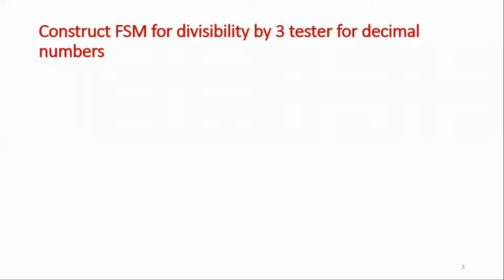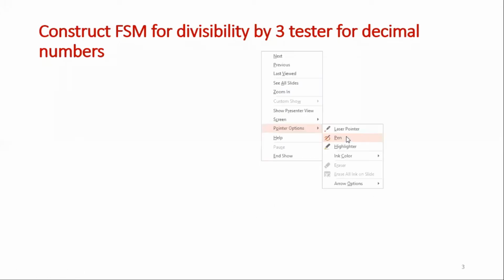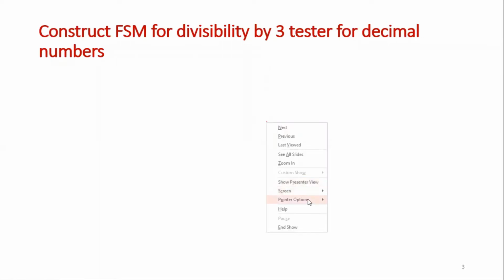Now let us see one example of finite state machine. Here we will construct finite state machine for divisibility by 3 tester for the decimal numbers.